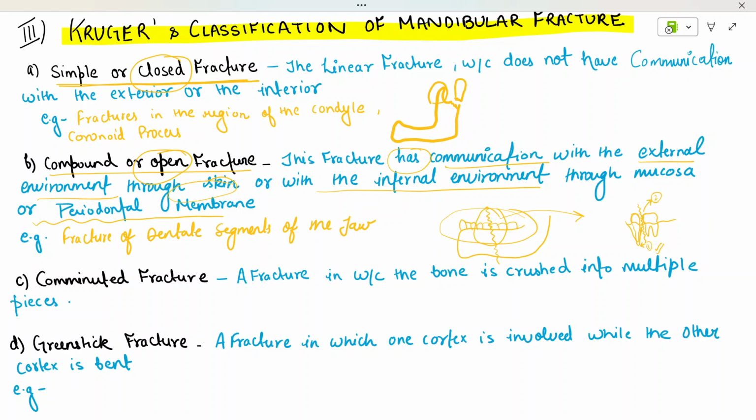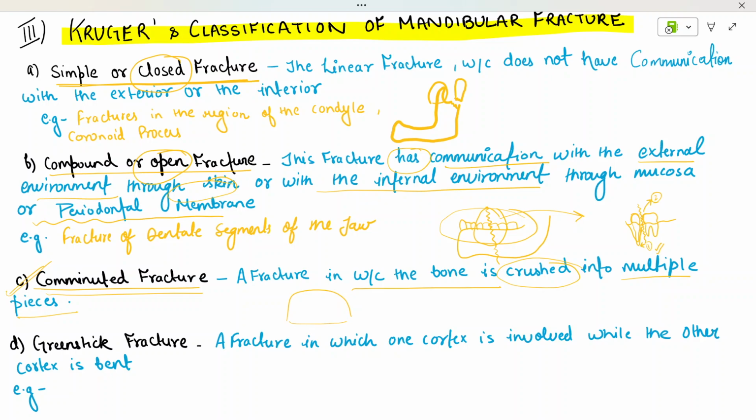Coming to the third subheading under Kruger's classification, that is the comminuted fracture. The term comminuted itself means having small pieces. This type of fracture is one in which the bone is crushed into multiple pieces. To understand this, you can just imagine a car windshield or a mirror which has been fractured.